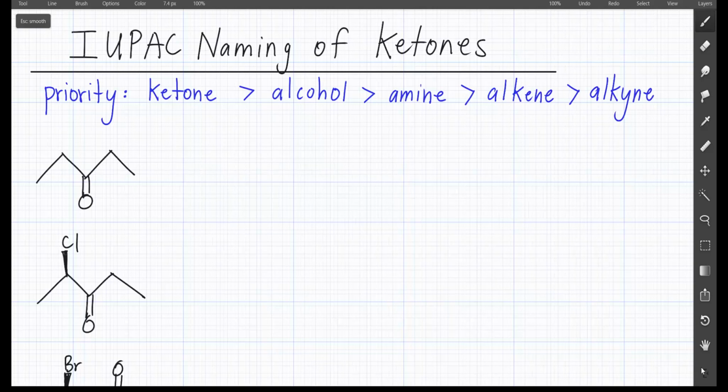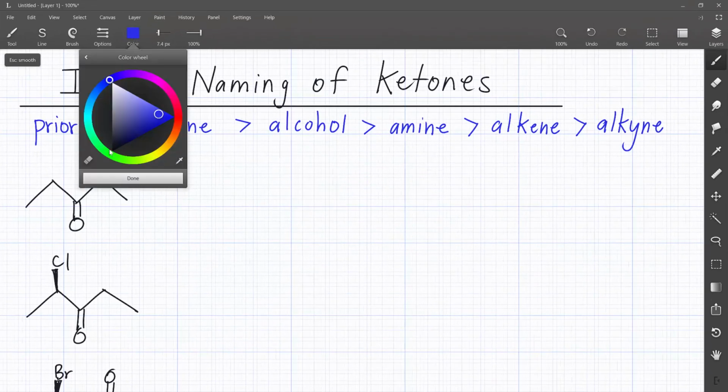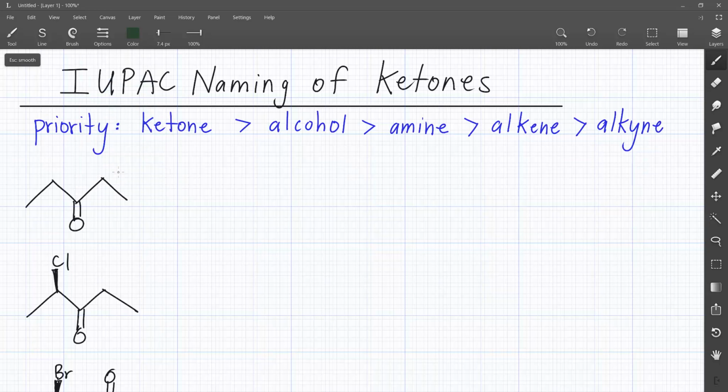All right, let's take a look at the naming of ketones. When the ketone functional group is our highest priority, we're going to take off the alkane E and add O-N-E.